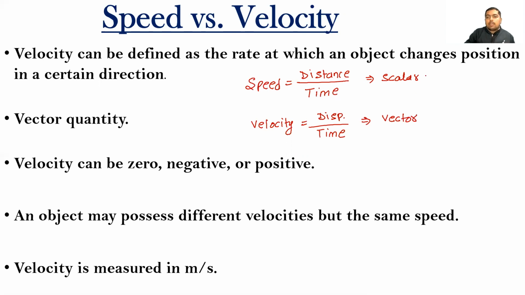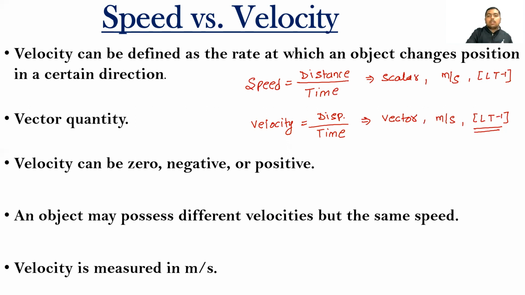If we talk about units, both have the same unit, meter per second in the SI system. And when we talk about the dimension formula, it becomes LT^-1 for both quantities. But velocity is different from speed in direction only. Velocity has direction, but speed has only magnitude.